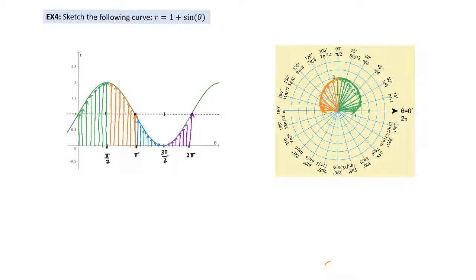So at pi, we are here. And then we're going to be getting closer and closer, and eventually we will collapse at the origin exactly here at 3 pi over 2. So here, getting shorter every time, and that's going to be tricky to capture, but we end up getting something like this. So then we have a little portion like that.